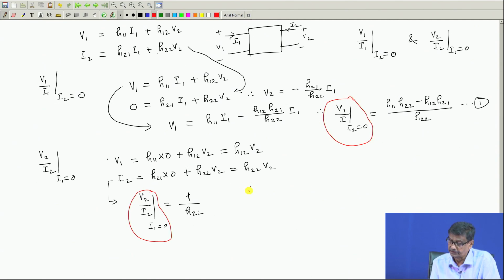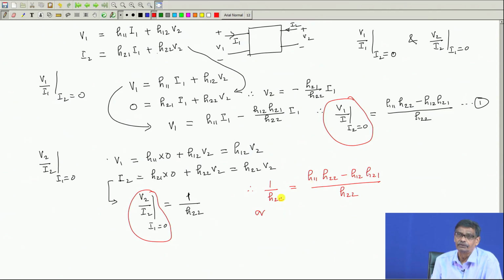Therefore, the condition is 1 over H22 is equal to H11 H22 minus H12 H21 divided by H22, or this H22 cancels out, provided it is not equal to 0.